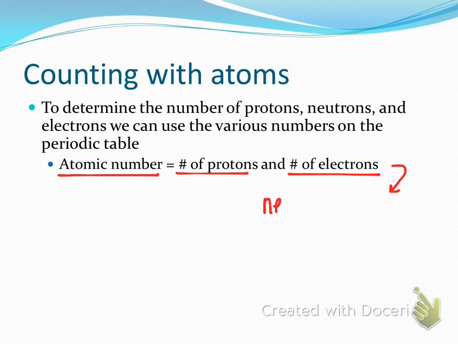Only in a neutral atom. So it doesn't tell us the number of electrons if our overall compound or molecule has a charge, but it does tell us the number of protons and electrons as long as our atom is neutral.